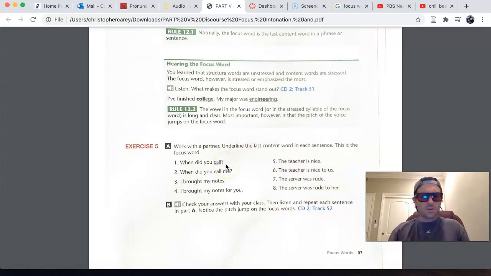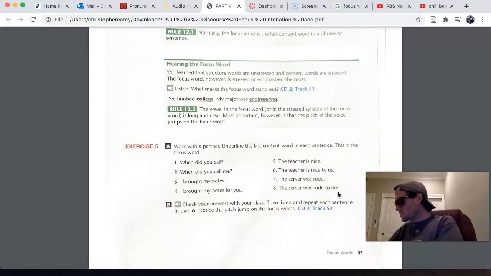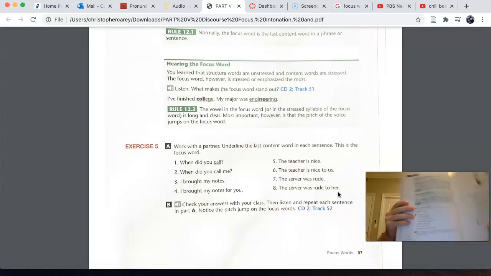Now I know some of you might ask, well, it says the last content word here. How come it's not the last word? Like, how come not me? Or how come not for you? Or to us? Or to her? If you go back to page 70 in the textbook, you'll see a chart of example function words and content words. There you have your list of content words.